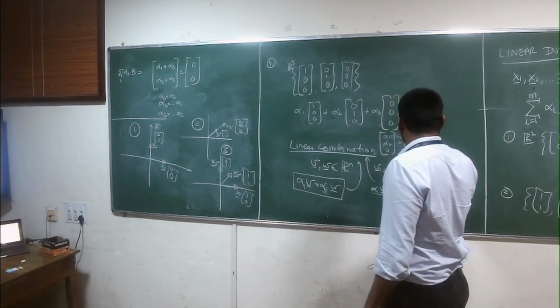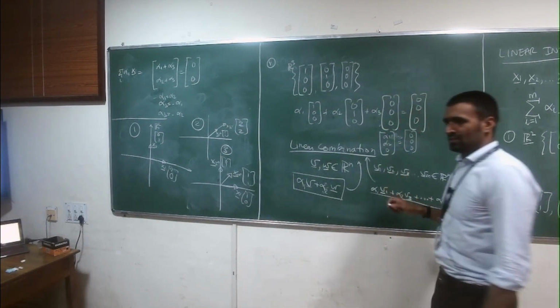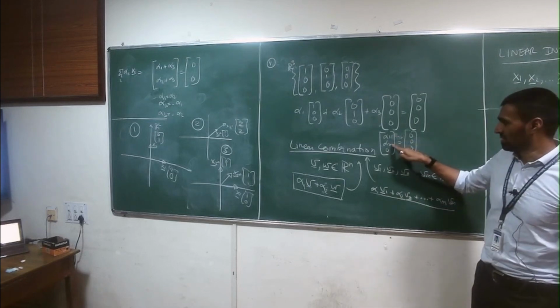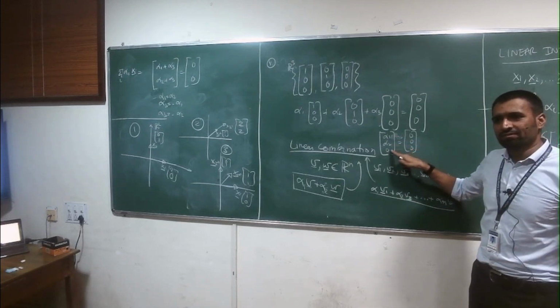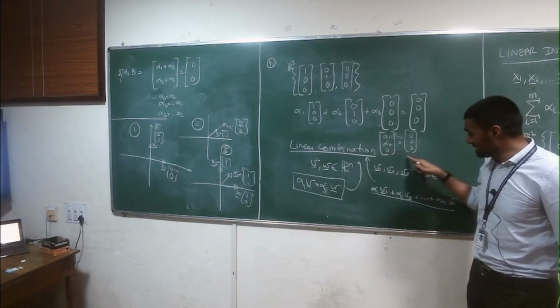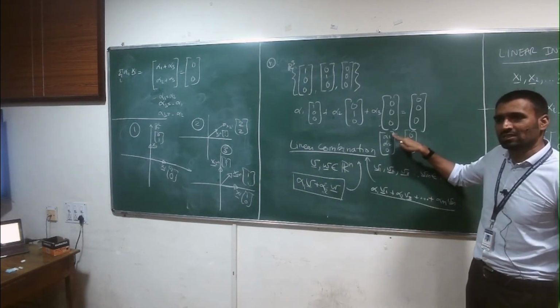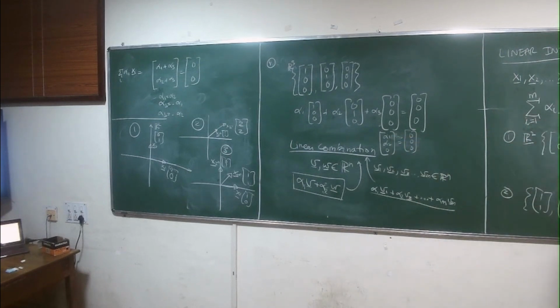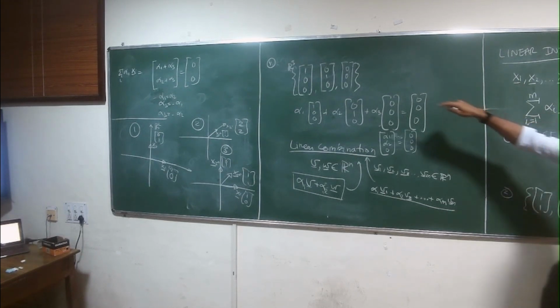So when will this be 0, 0, 0? When these two are 0. What about alpha 3? I can choose any value for alpha 3 and this is still satisfied as long as these two are 0. That means the original condition is not satisfied. There is a non-zero value for alpha that satisfies this equation. That means this set is linearly dependent.